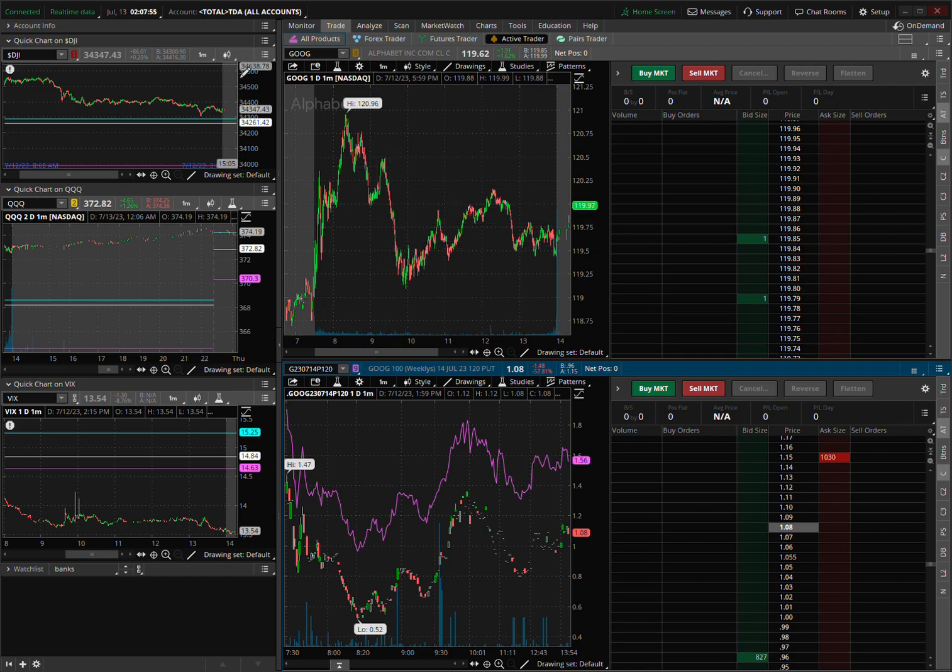The setup I have is that in the upper left corner, I have the Dow Jones showing me the day's events with the previous day's high, the open for today, and the close of yesterday. And the same thing with the QQQ, or the Nasdaq, and it shows me what these two indices are doing.